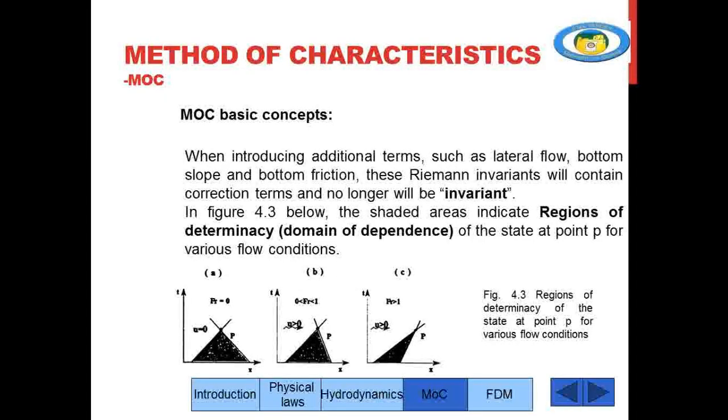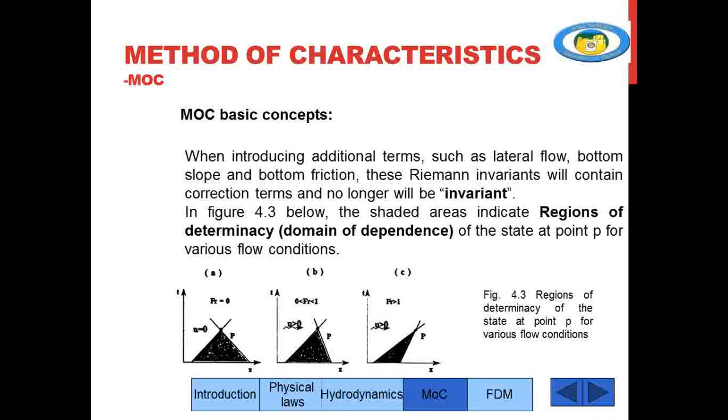Now, we have to be careful when we use this Riemann invariance. If we introduce additional terms like lateral flow, bottom slope, and bottom friction, this Riemann invariance will contain correction terms and will no longer be invariant.